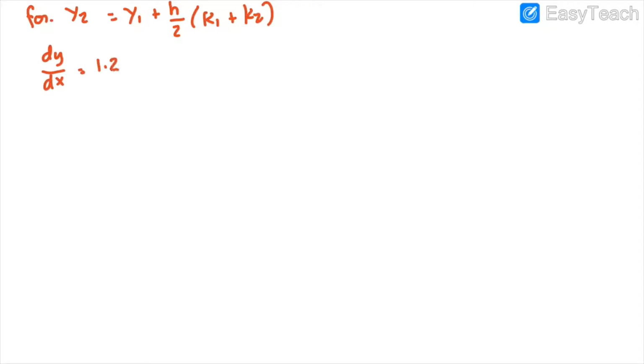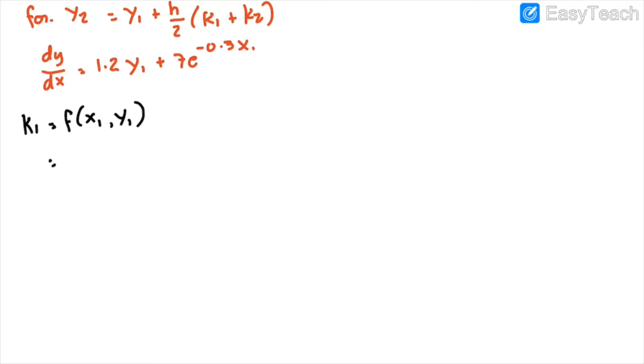Now, in continuation, we will solve for the value of y2. For y2, that is simply equal to y1 plus the step size over 2 times k1 plus k2. Again, dy over dx is still equal to negative 1.2y plus 7e raised to negative 0.3x. Remember, we compute again. k1 is equal to f of x1 and y1.